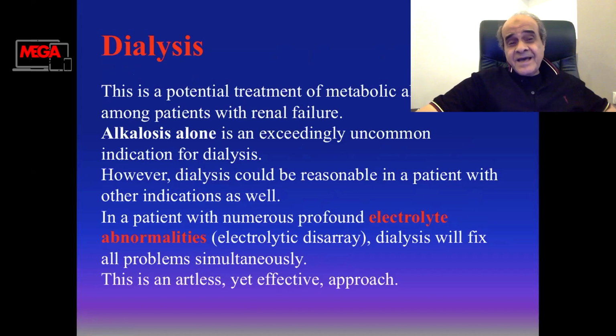Dialysis really is a sole indication or potential treatment for metabolic alkalosis among patients with renal failure. It will be indicated in associated conditions, not metabolic alkalosis only, except if the alkalosis is severe and there are some associated electrolyte abnormalities and so on.